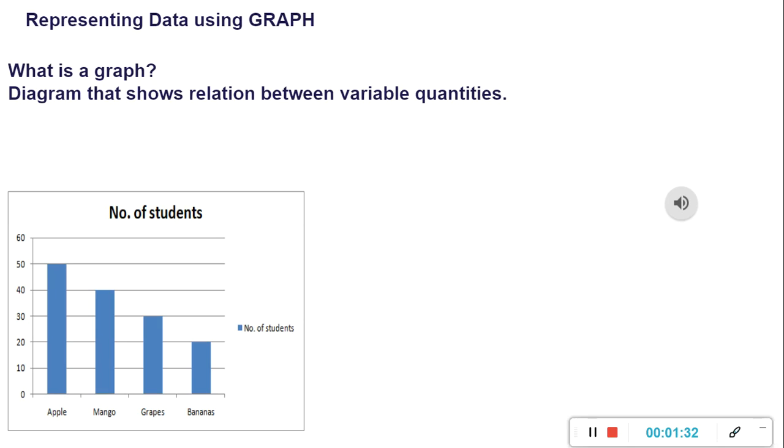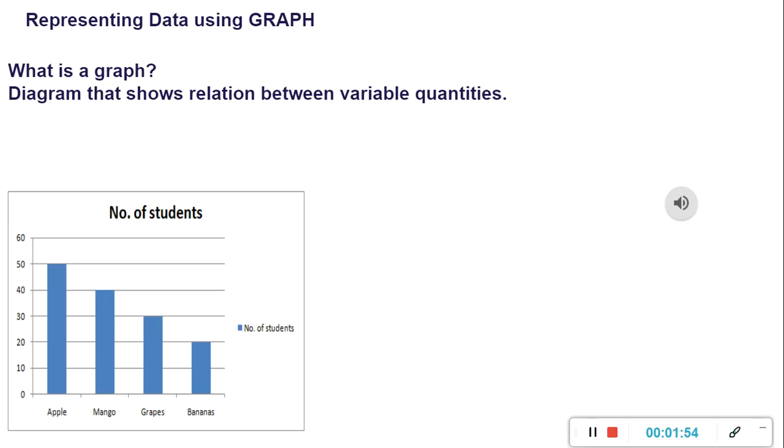Looking at this graph, you can very clearly say how many students like apple. So how many students like apple? Here 50 students like apple, isn't it? Yes, right. How many like mango? That is 40. 30 of them like grapes, isn't it? And around 20 of them like bananas.